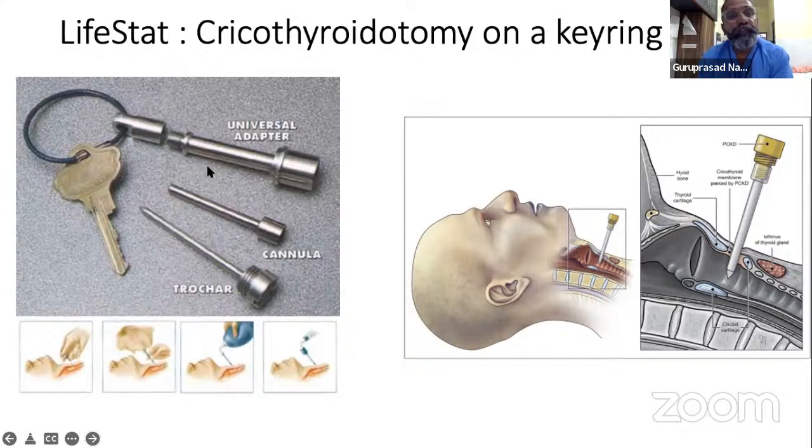This piece of equipment is a universal adapter. Once the cannula is within the trachea, you connect this to this end, and it gives an extension for you to connect it to an ambu bag.